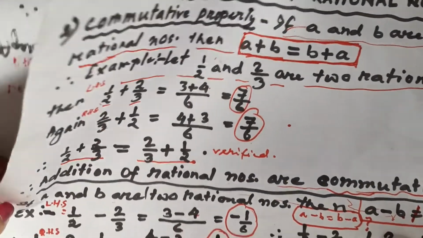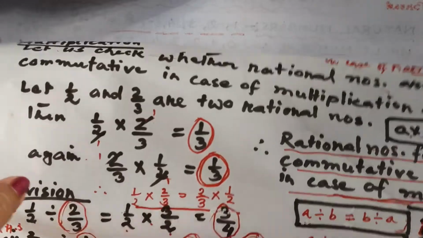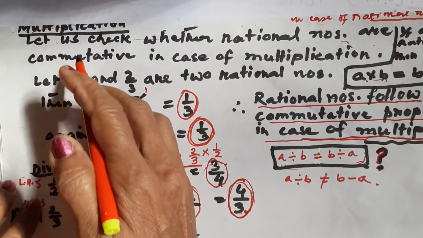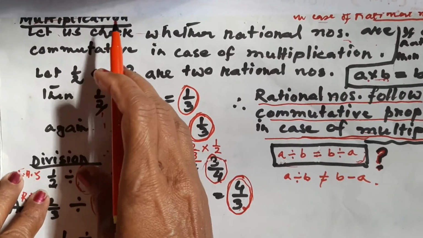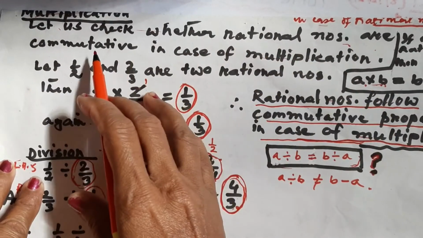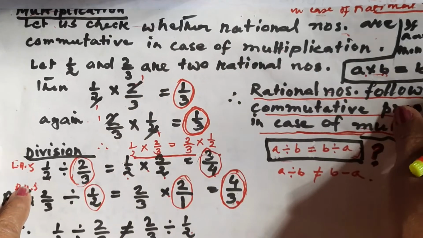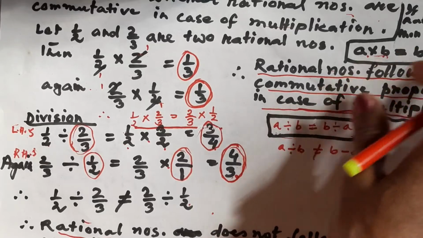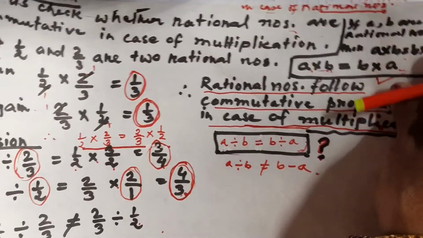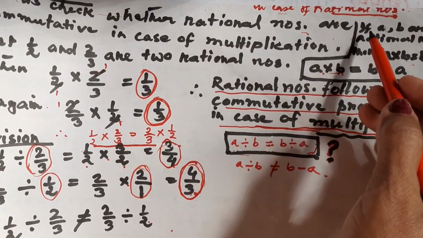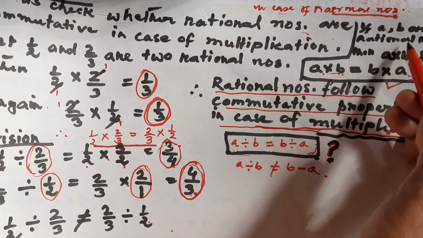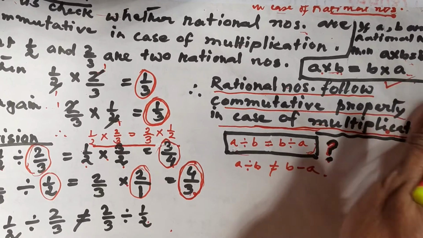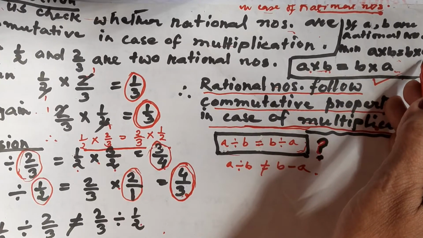Now, let us check it for multiplication, whether rational numbers are commutative in the case of multiplication or not. According to the commutative property, if a and b are two rational numbers, then a into b will be equal to b into a.